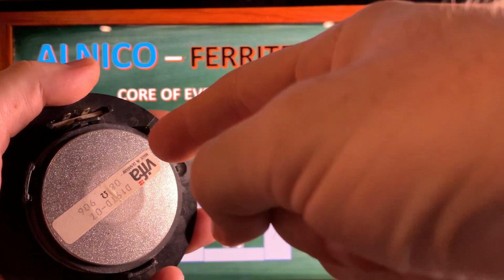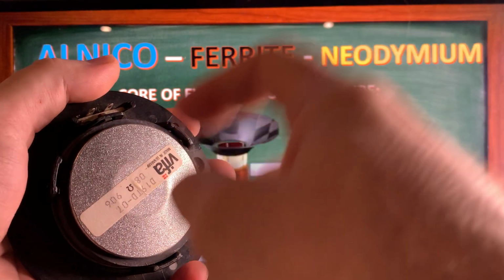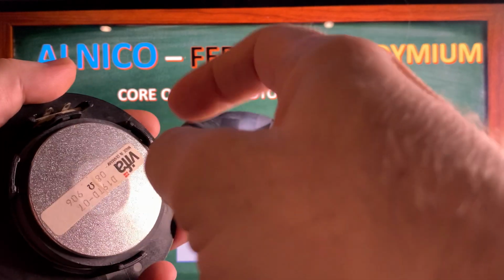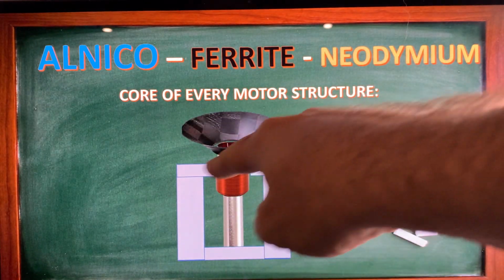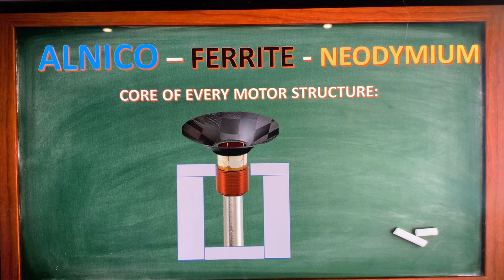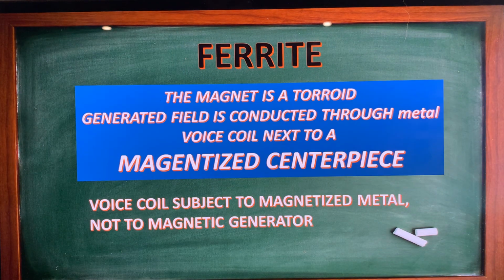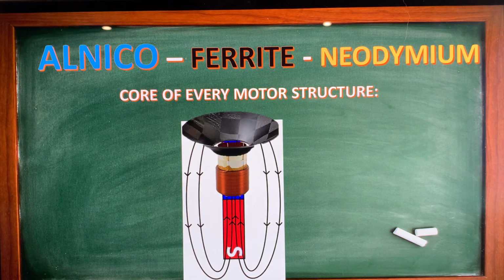So if you have EMI, magnetic interference, then it will change the magnetized status of that closed loop. So that's why ferrite drivers are more susceptible to interferences. And we have a problem. Do I see it here? No, I don't see it on my slides.